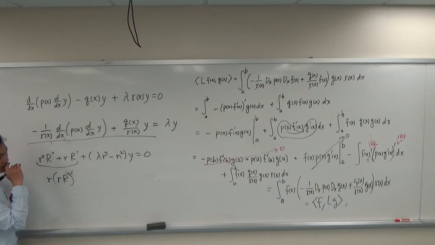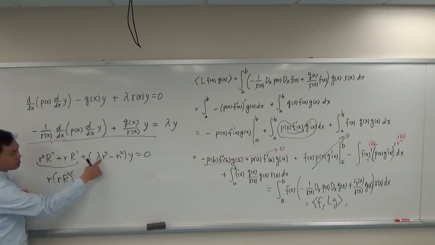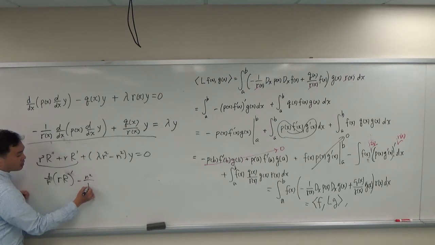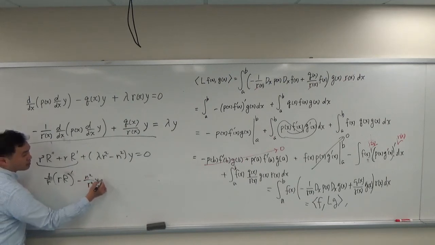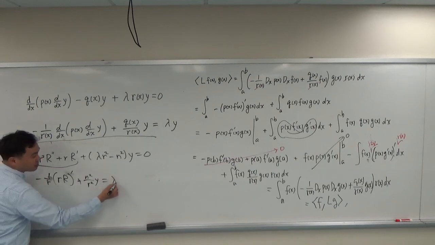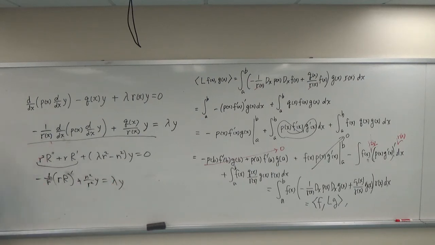If I divide everything by r squared, this will be 1 over r minus n squared over r squared y equals, actually this will be minus lambda y. So that's the form, right?